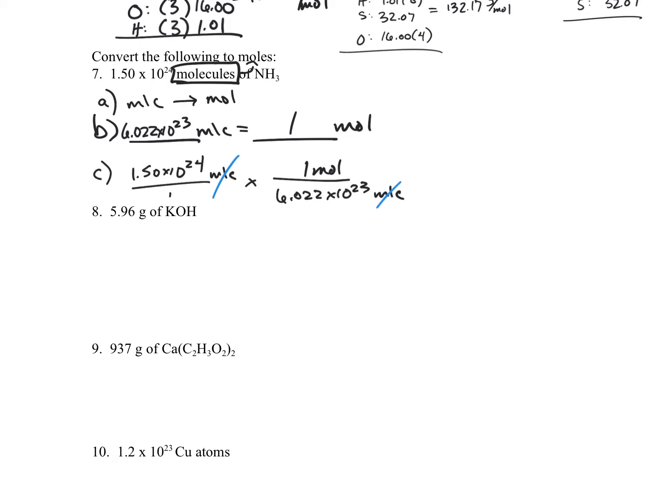Well, since this is the equality, since these number of molecules equal 1 mole, then if the molecules are on the bottom, the 1 goes on the top. So from here, you use your calculator, 1.5 times 10 to the 24th, and you divide it by 6.022 times 10 to the 23rd. The most common mistake for people in entering it into the calculator is that they don't use parentheses.